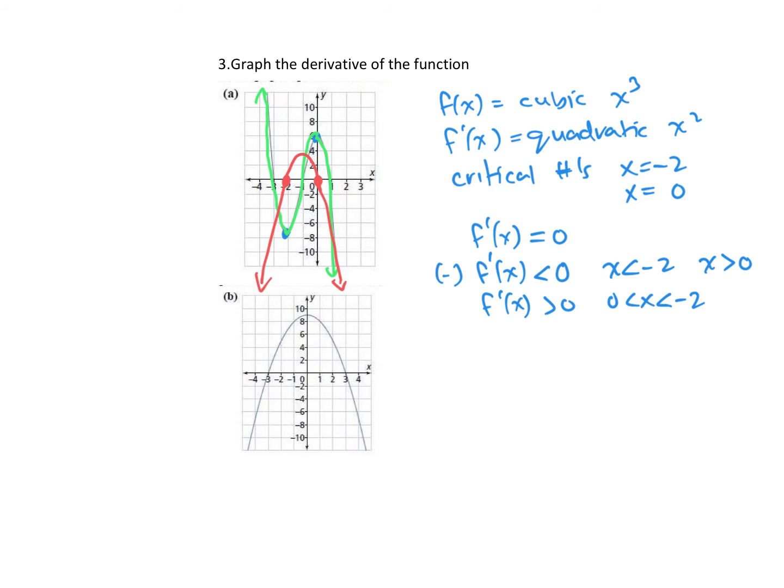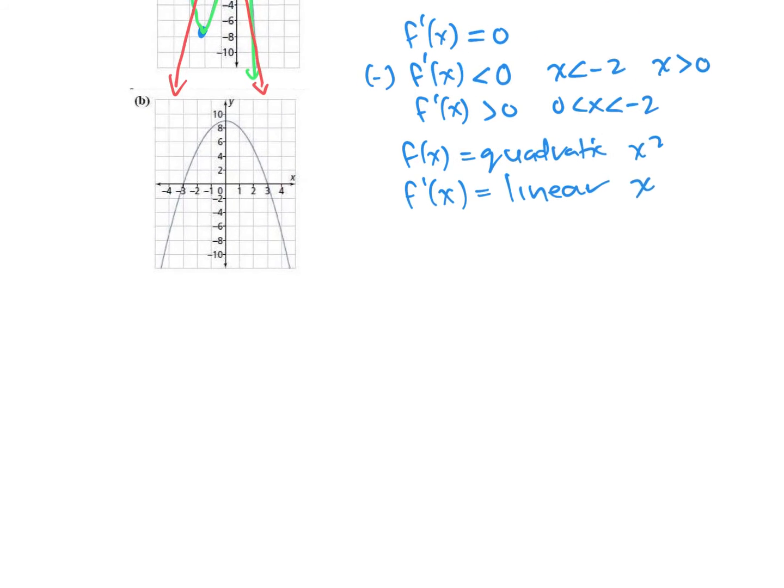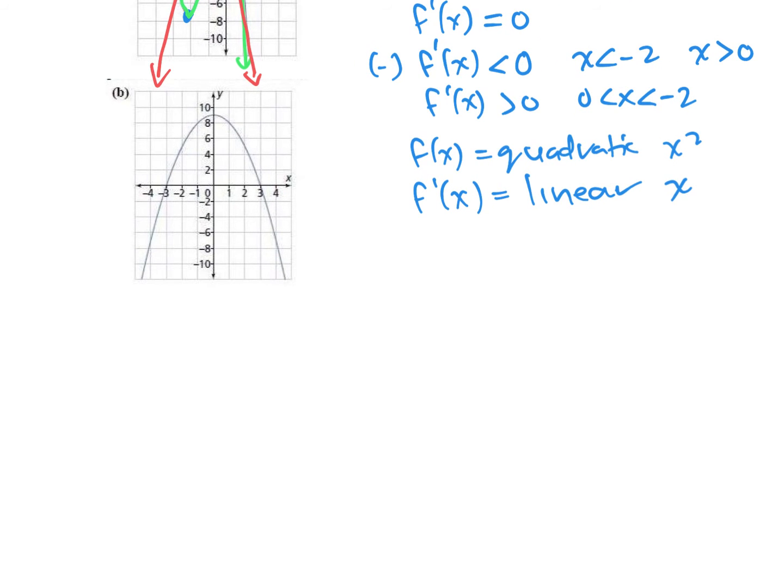Okay, let's have a look at this one. We have f of x is quadratic, so it is ax squared, so I know the derivative is going to be linear. Okay, so what do we want to find? Well, here is a turning or critical point.